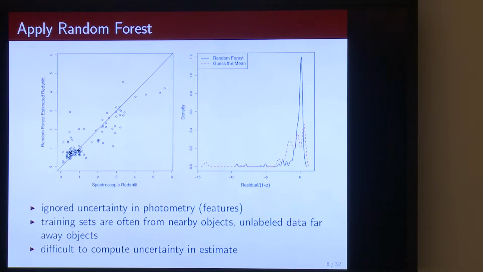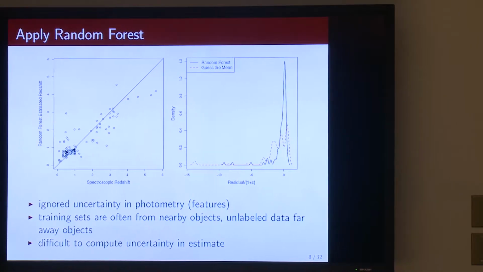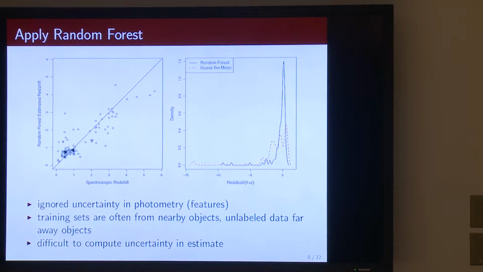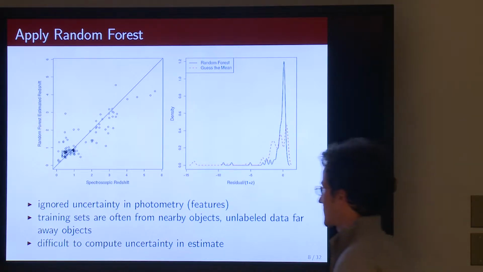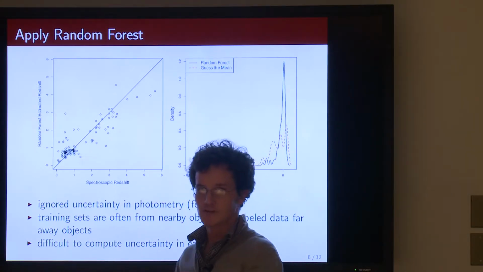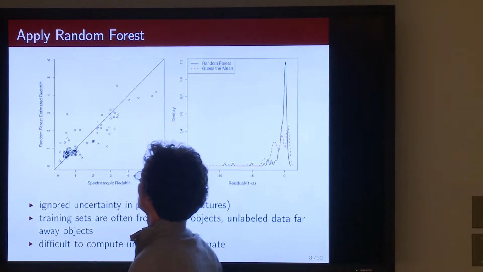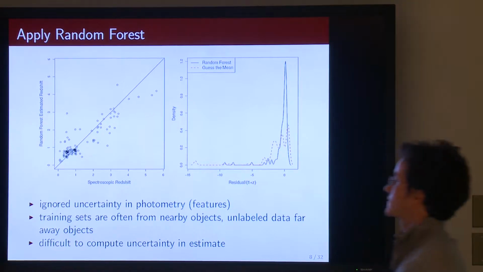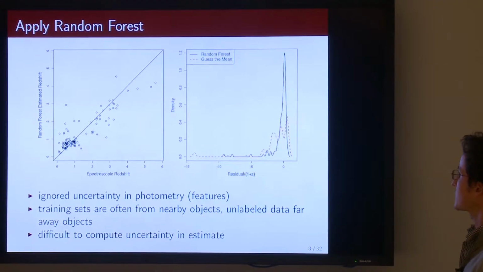Okay, so very simply, I built a random forest prediction model on that data, and made some predictions. So on the x-axis here is the spectroscopic redshift, which you can think of as being ground truth. And on the y-axis is the random forest estimated redshift. It's doing a maybe okay job.